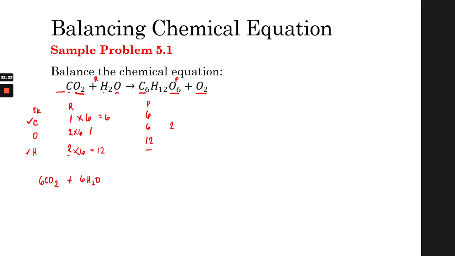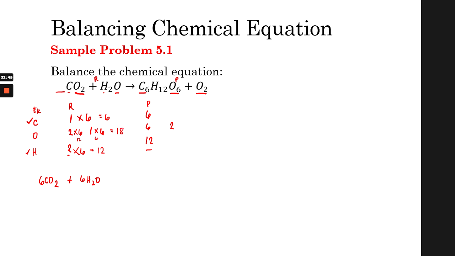So that's plus 6 H2O. Because I added 6 here, it does not only apply to hydrogen, it also applies to the oxygen here. So I have to multiply this by 6. This tells me I have 6, 2 times 6, that's 12, 1 times 6, that's 6. I have 18 oxygen.